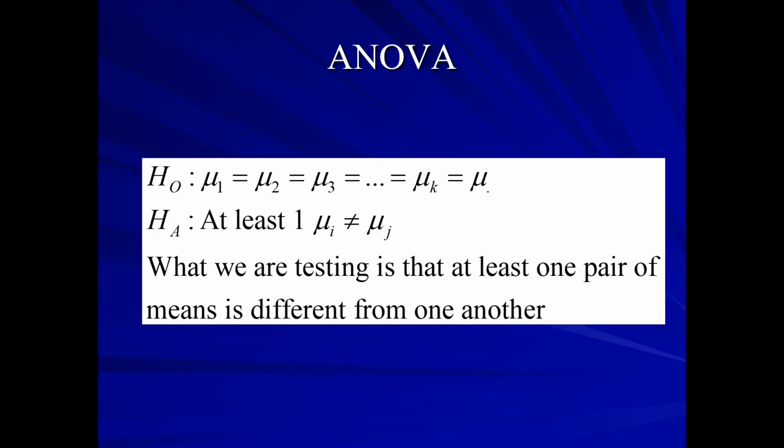In other words, do all of our means equal the total mean? So mu1 equals mu2 equals mu3 up to, notice we can have k of these different means, and do they all equal our overall mean? In our alternative hypothesis, we want to see if at least one of these pairs of means is different.